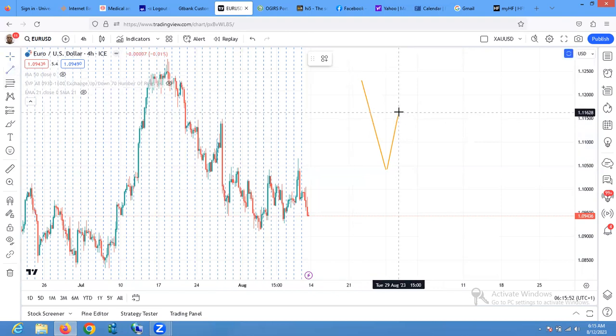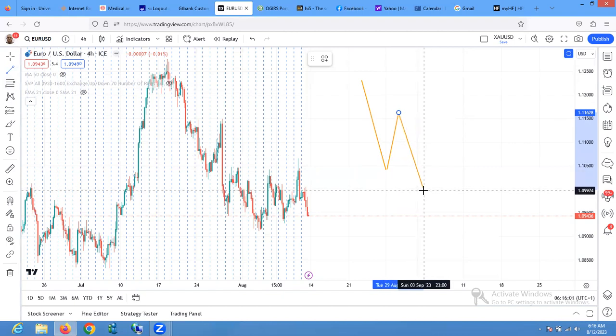And when it is turning down, if it's indeed a correction, you don't know where it's going to go. If it's going to turn down in the middle, if it's going to break below it, you don't know.